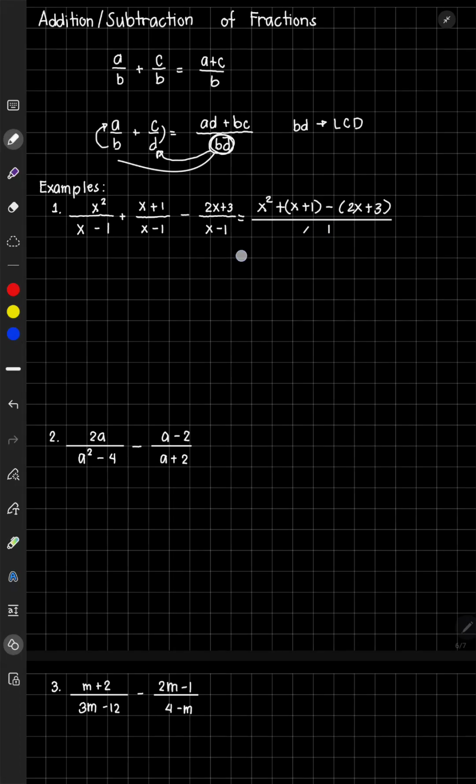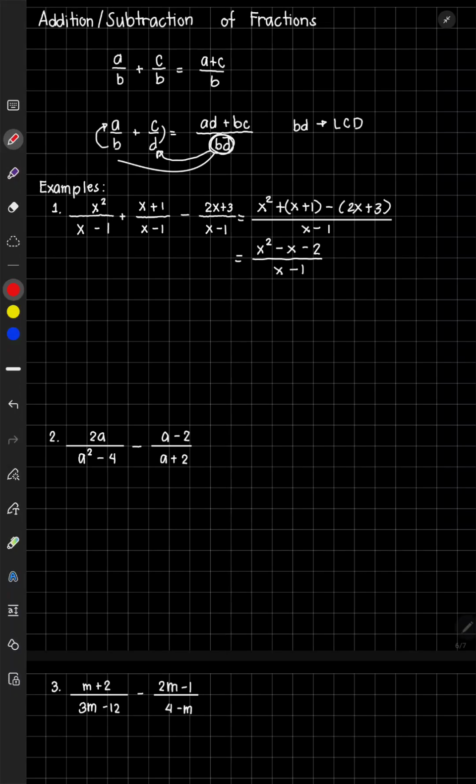So simplifying the numerator, combine the same terms. For x squared there's no other x squared, so let's just say that is x squared. Then we have x minus 2x, so we have negative x, and 1 minus 3, we have negative 2, all over x minus 1.